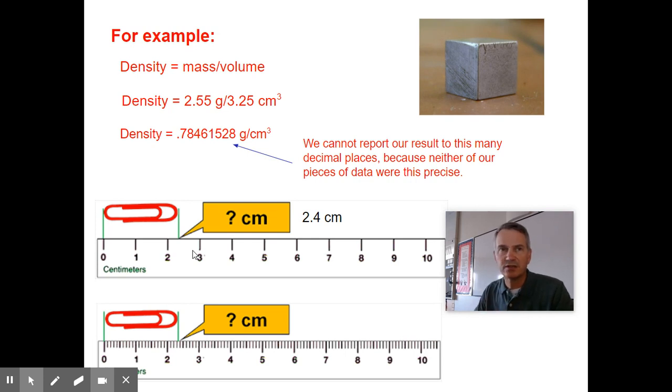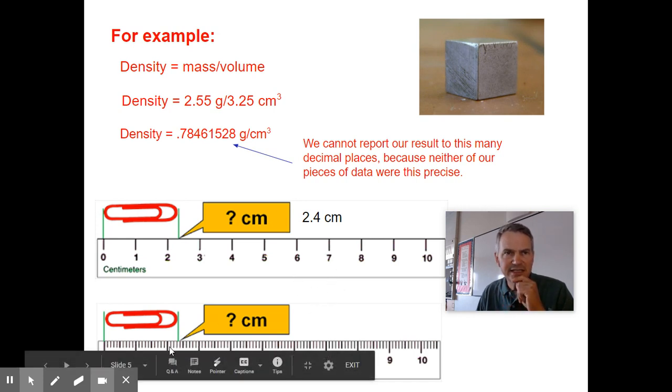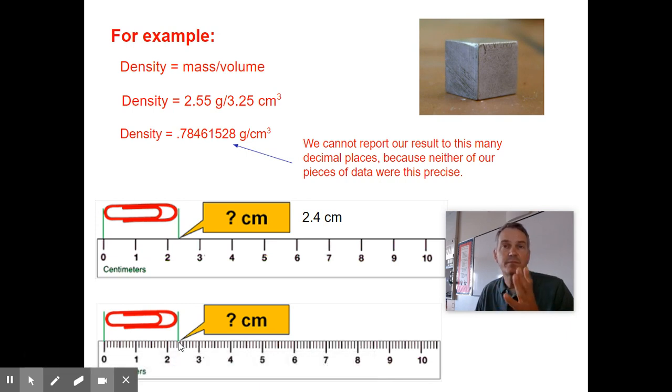Now, somebody else might look at that and say, oh, that looks like 2.3, 2.5, whatever. That's where the uncertainty comes in. For the bottom one, however, this is a little bit more precise ruler, where now it goes not only to the whole centimeters, but to the tenths of a centimeter. So I would look at that and say, okay, we know it's 2, we know it's 0.3, and I'm just going to estimate that last number as a 5.